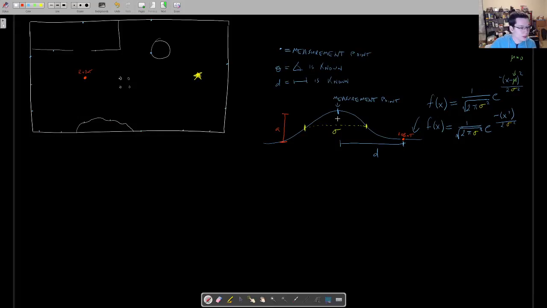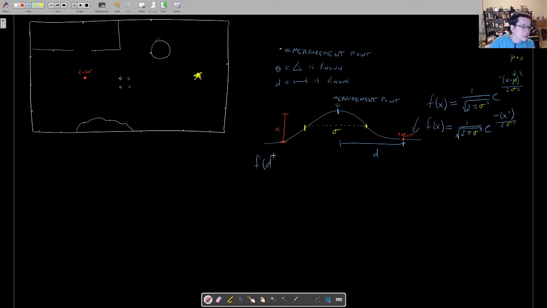So if we're close to the measurement point, then we have a larger magnitude number. If we're far away from the measurement point, we have a smaller magnitude number. And so we're going to use this number, this f of d.